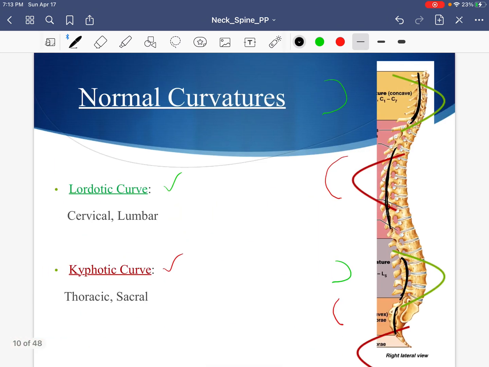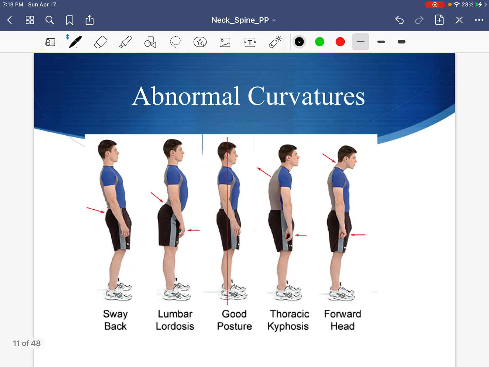Okay. So the key here is to look at the end of the word, lordotic and kyphotic. When you see those O-T-I-C, that tells us it's a normal curvature, lordotic and kyphotic. However, if we add osis, lordosis, kyphosis, that means exaggerated and abnormal. So lordosis is an exaggerated lordotic curve.